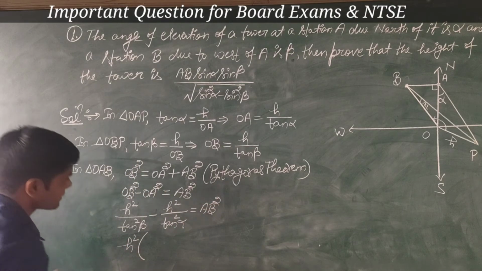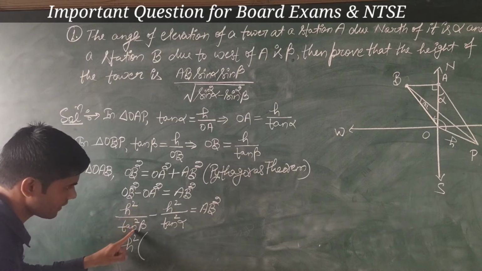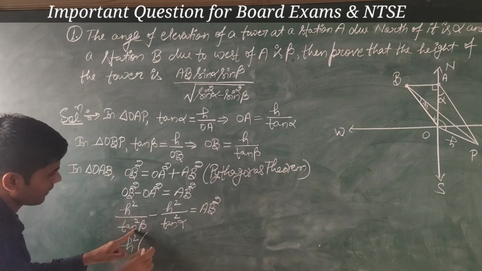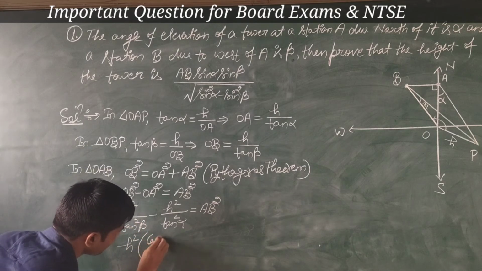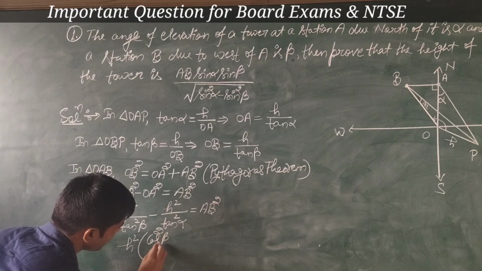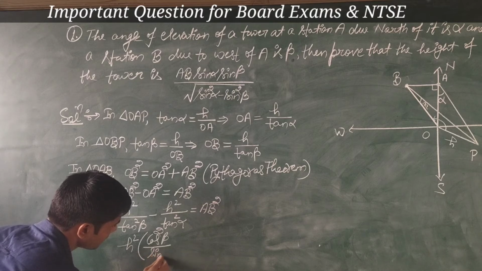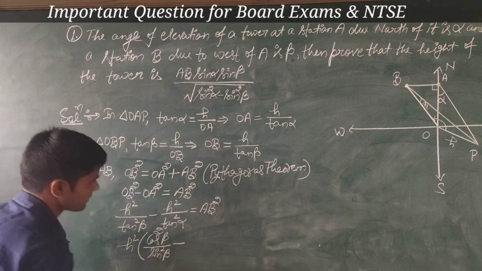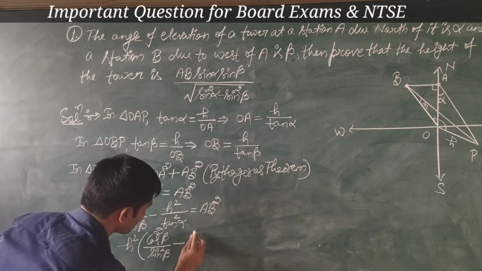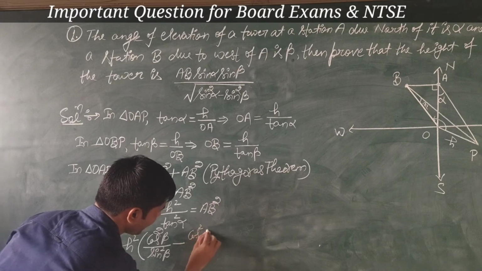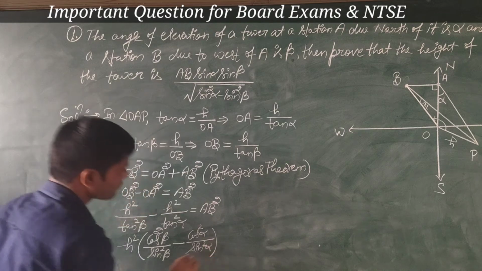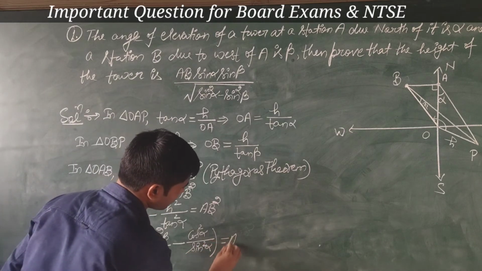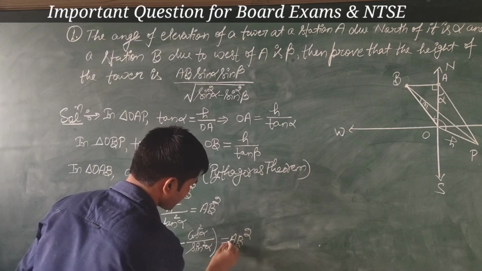After taking h square common, we get 1 upon tan square beta, or instead of tan square beta we can write sin square beta upon cos square beta, so it will look like cos square beta upon sin square beta, minus the same thing applied here, cos square alpha upon sin square alpha. We are using the identity, and AB square will be the same.